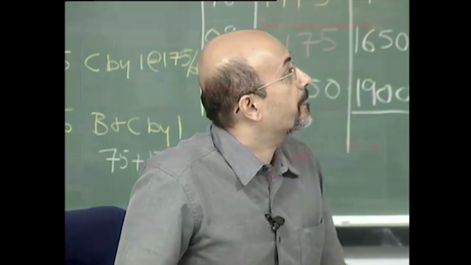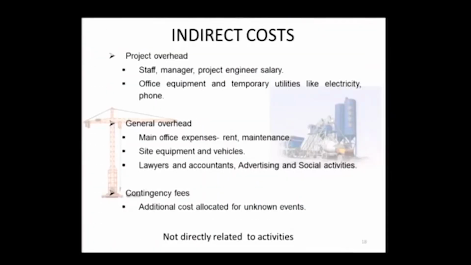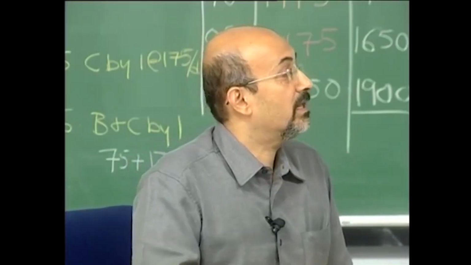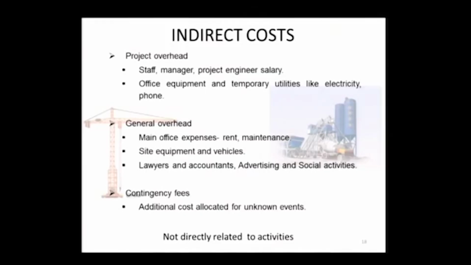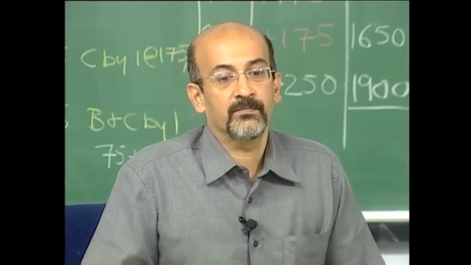Okay, now let us move on. We now add something called indirect cost to this. So far we have talked only about direct cost, but there are many other costs on a project. For example, the salaries of the project manager, the project engineers, establishment of facilities on the project, things like tower crane, batching plant.